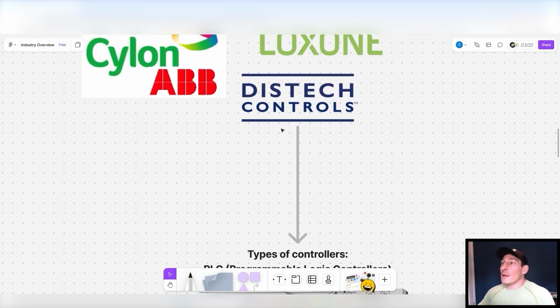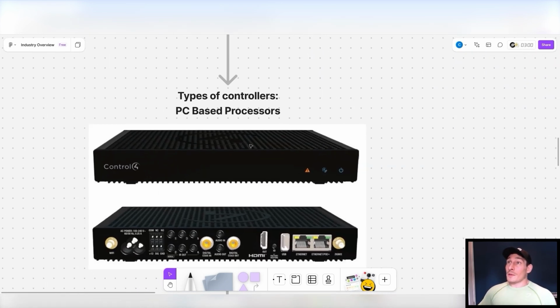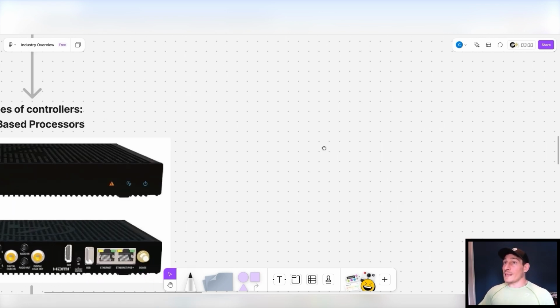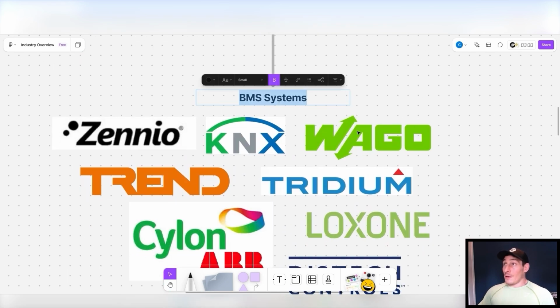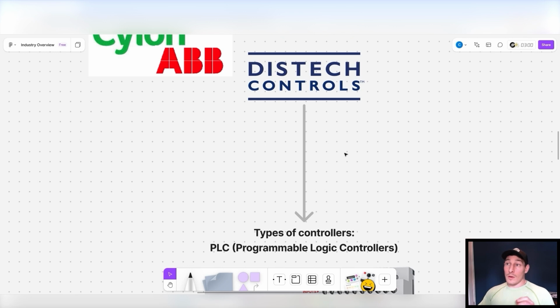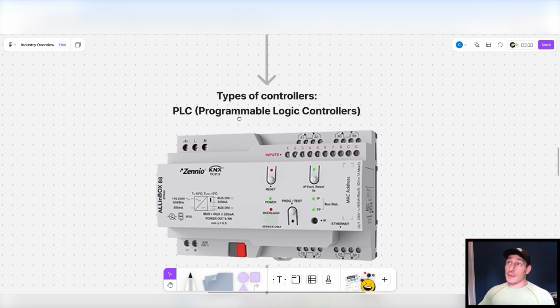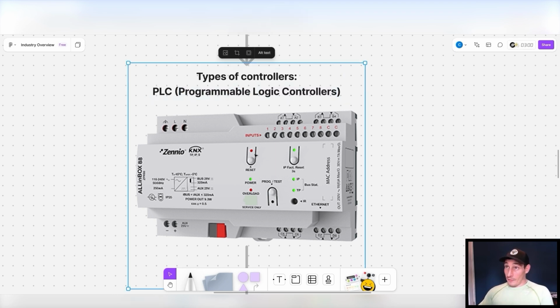Now, moving down, when comparing directly to the types of controllers that we were using for AV systems that were all PC based, with BMS systems, you look at all of these brands and manufacturers, they're using PLCs, programmable logic controllers. And this example here is a Zenio all-in box. Very familiar with these.